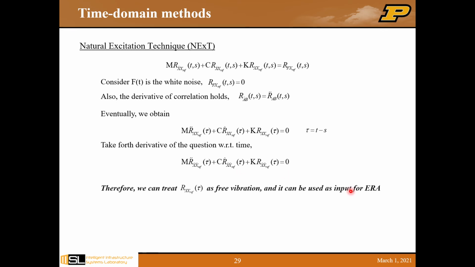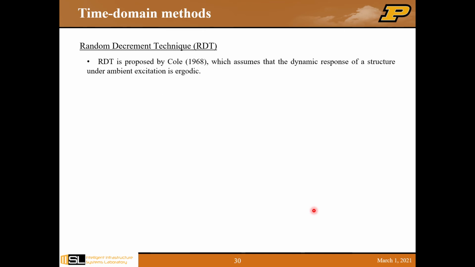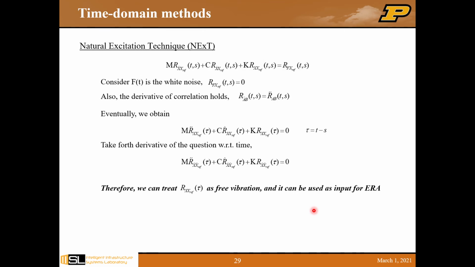And eventually, we can treat this correlation function as a free vibration, and it can be used as input for the ERA. So this is the NEXT strategy. It deals with ambient vibration data, and we obtain the cross correlation of the measurement data with respect to a reference measurement, so that we can use that as the input for the ERA.